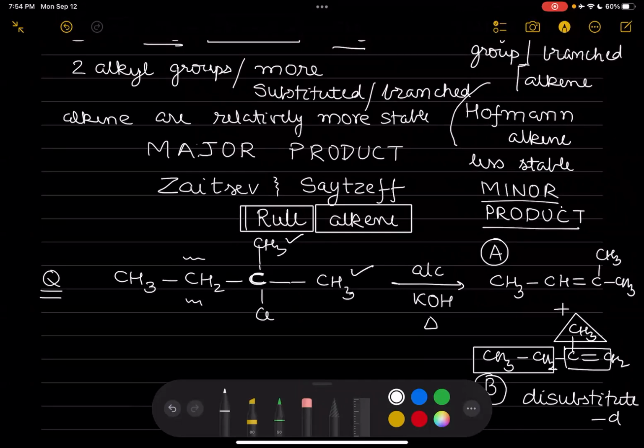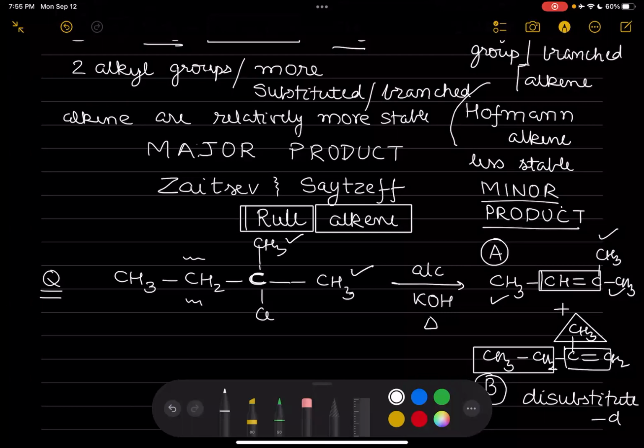And what about A? Sir, A will be tri, right? A will be tri. Yeah, right. You need to enclose the double bond and count how many carbons are connected to the doubly bonded carbons. So 1, 2, and 3. So it is tri-substituted. So what does the Saytzeff rule tell us? It tells us that the more branched alkene, or the more substituted alkene, is the major product formed in an elimination reaction.